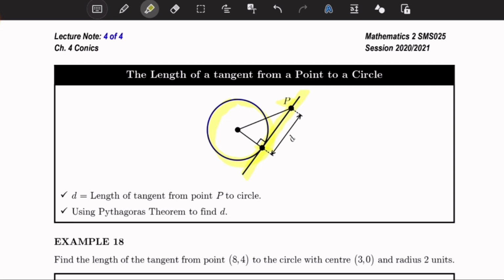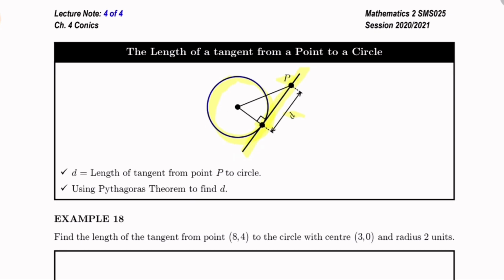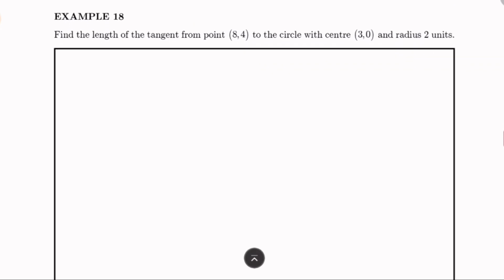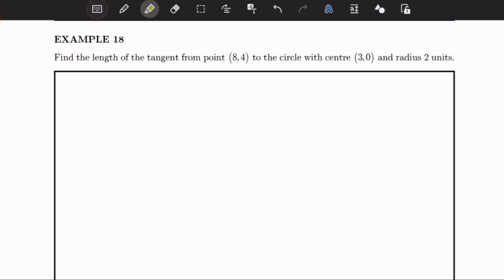Basically, we are going to use Pythagoras theorem to find the value of d. Let's take a look at example 18. Find the length of the tangent from point (8, 4) to the circle with center (3, 0) and radius of 2 units.